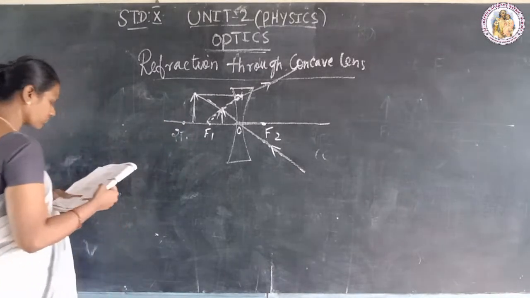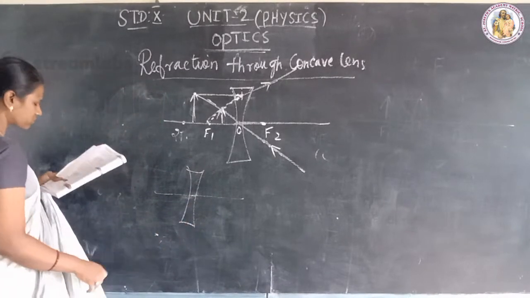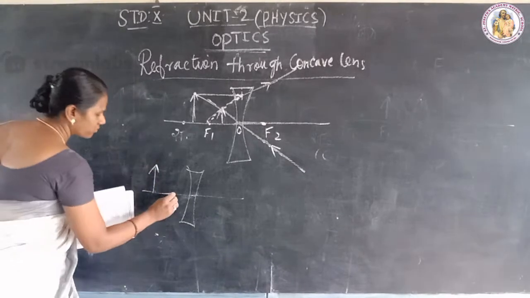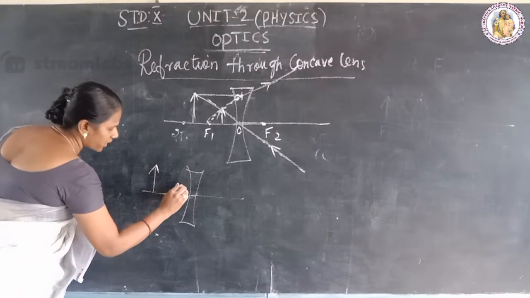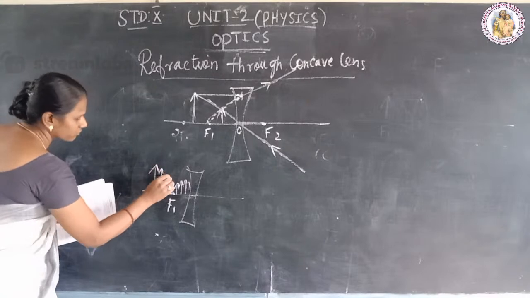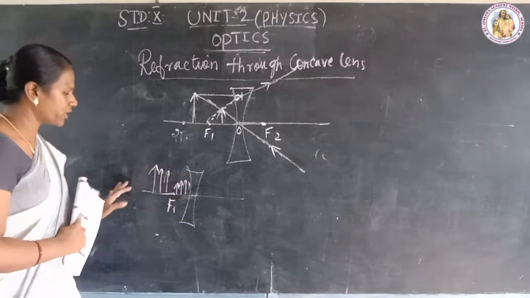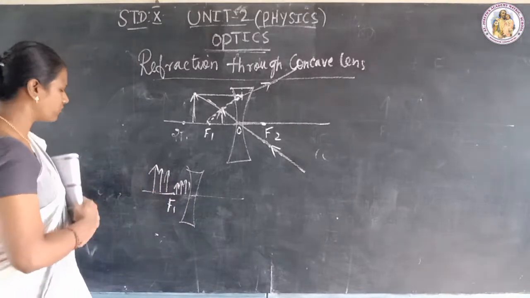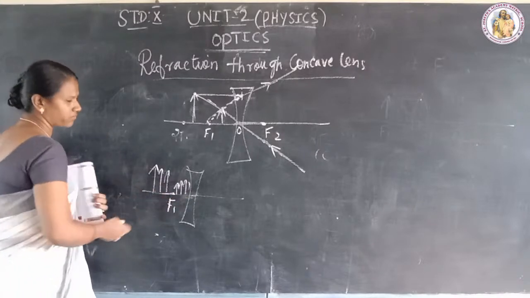See here, for the object at position 1, the image forms at F itself. Wherever we place the object on the principal axis, the image is obtained within F1, in front of the focus point. The image is on this side.